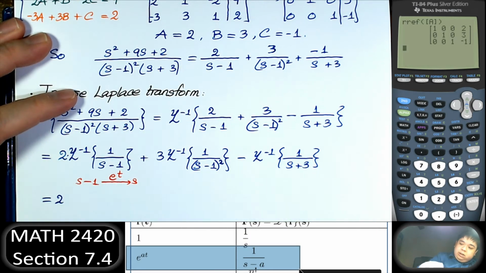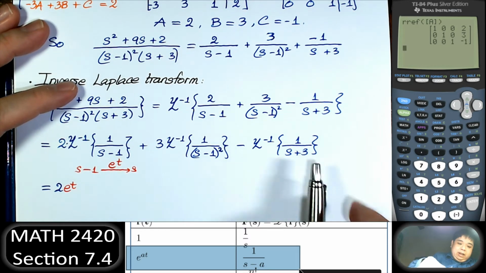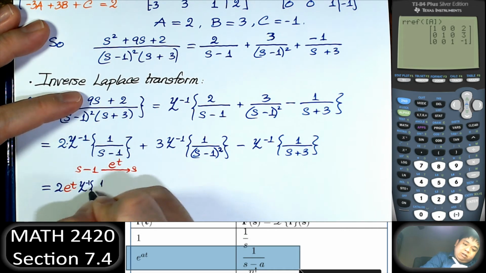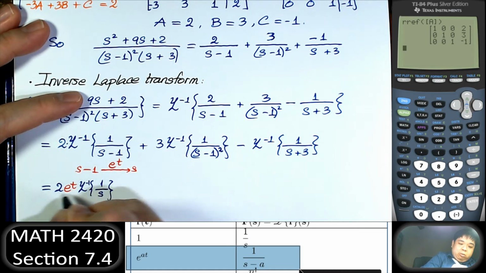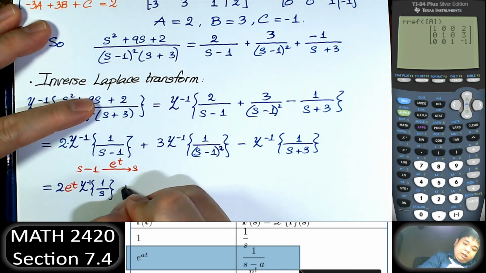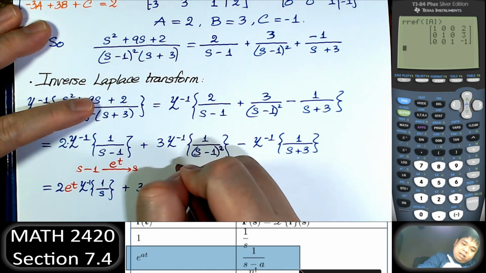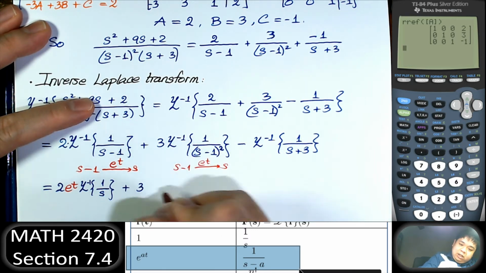So we have 2 e to the t, and we just do the inverse Laplace transform of 1 over s. So replace s minus 1 by s. The price to pay is e to the t. Same thing here. Replace that s minus 1 with s, multiplied by e to the t.